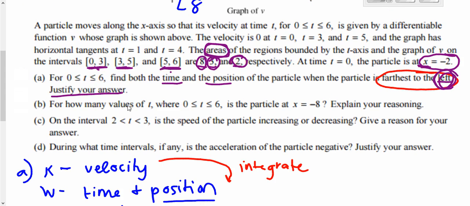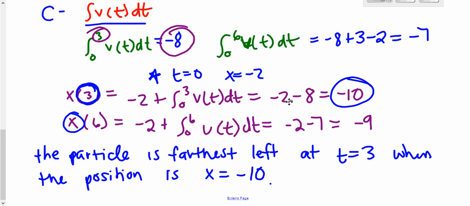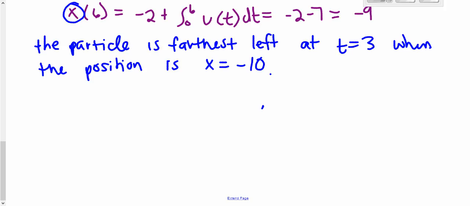Part B. For how many values of t, so in between 0 to 6, so we're looking at the graph, is the particle at x equals -8? Explain your reasoning. Well, here's where I kind of drew out what was happening because I wasn't quite sure.